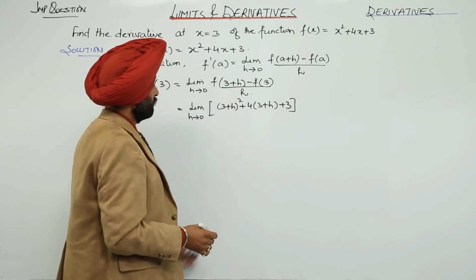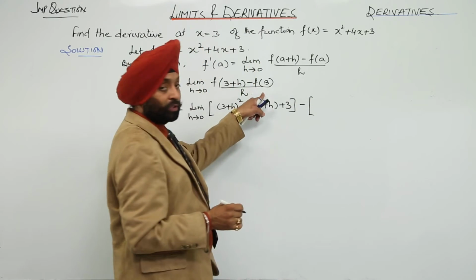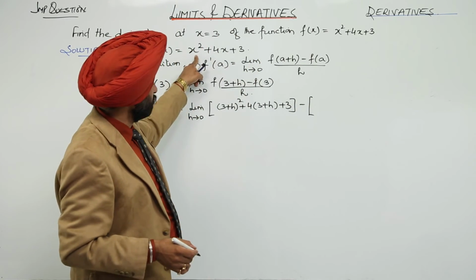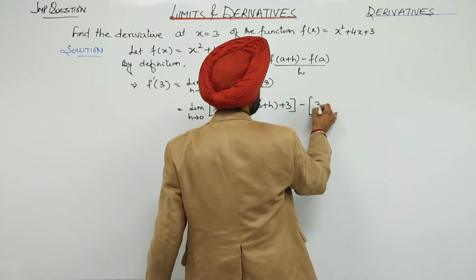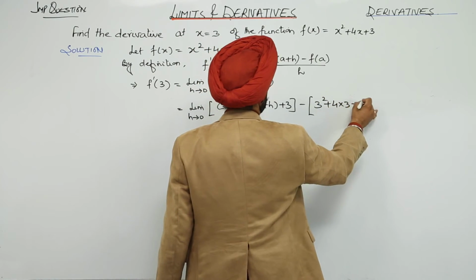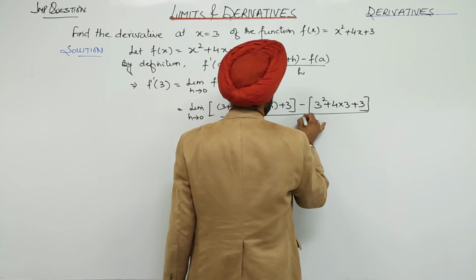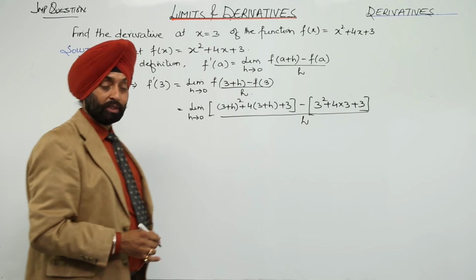One thing, negative of f(3): in place of x, now we are going to put 3. So, this becomes 3 square plus 4 times 3 plus 3 upon h. Is it clear?